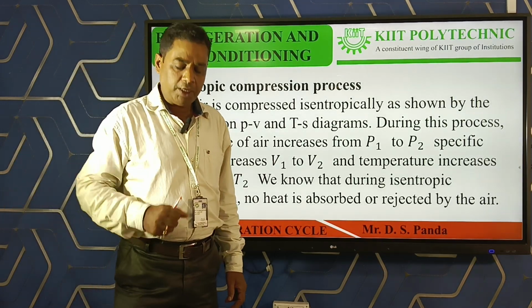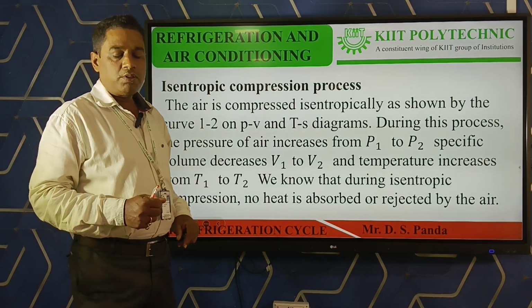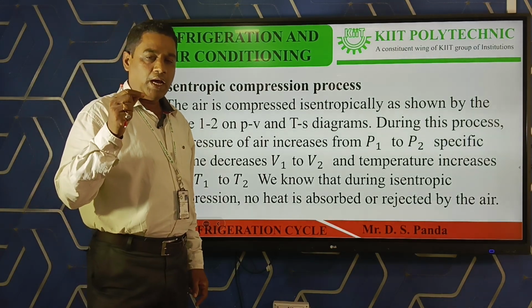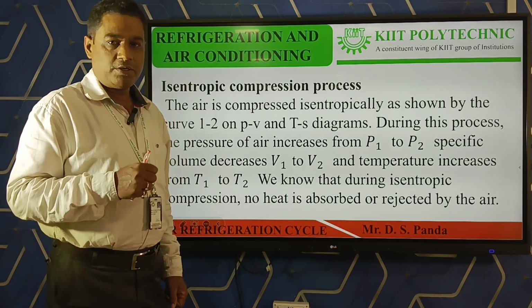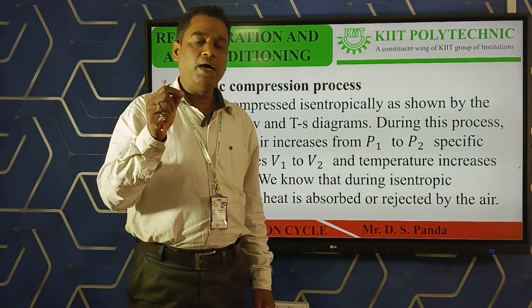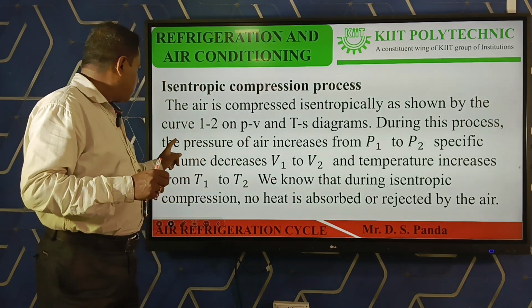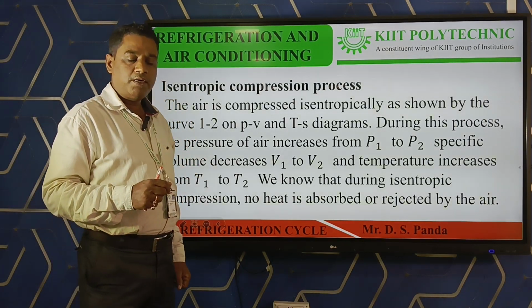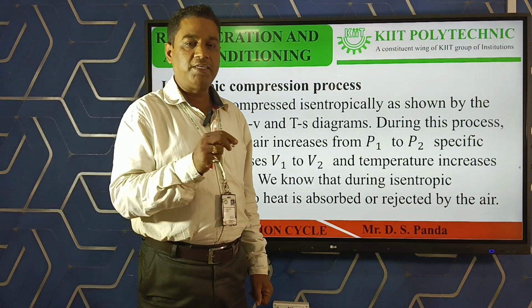So the first one is 1 to 2, that is isentropic compression. Normally it is done through the compressor, and the volume is decreased from V1 to V2.